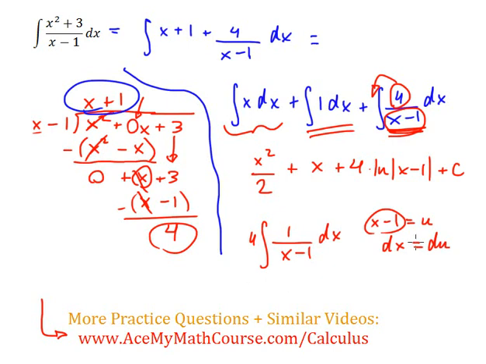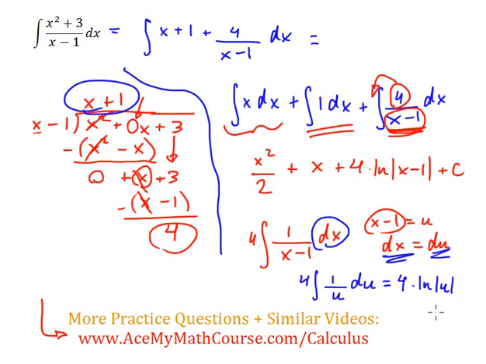So then essentially I have 1 over u du. I can just replace the dx for du since they're the same in this case. And the integral of 1 over u is just the ln of the absolute value of u.